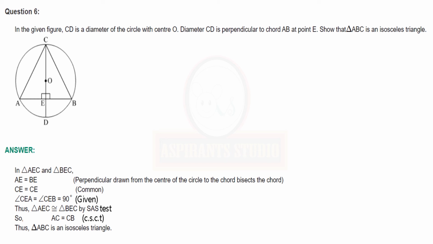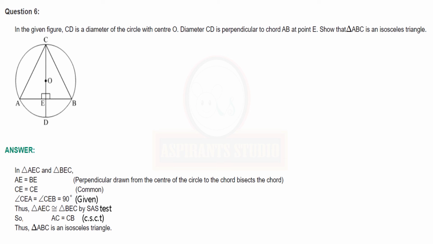Now take these two triangles, triangle AEC and triangle BEC, and show that they are congruent by some test. Then the corresponding sides of congruent triangles will give you the result. So in triangle AEC and triangle BEC, since perpendicular drawn from the center of the circle to the chord bisects the chord, we have AE is equal to BE.